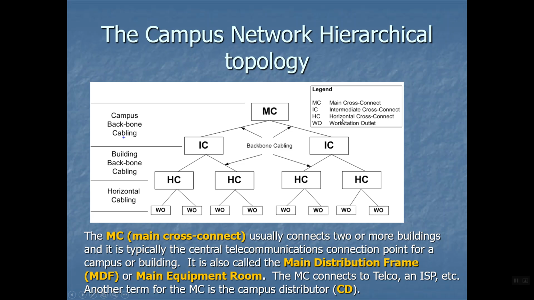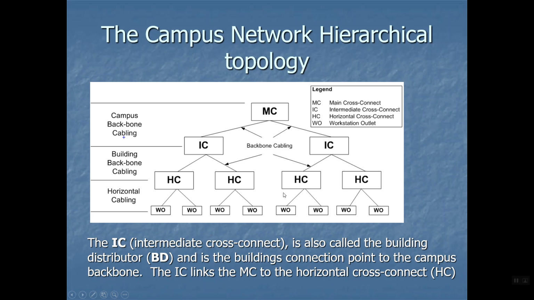Then you have intermediate cross connects, also called building distributors, which is a building connecting point of the campus backbone. The IC links the MC to the horizontal cross connect, so everything else starts connecting to each other until you get to each classroom.